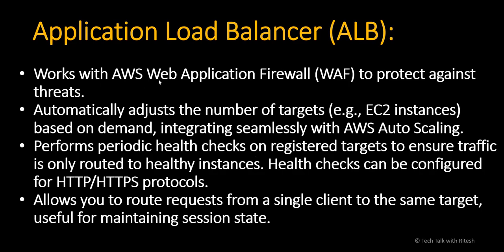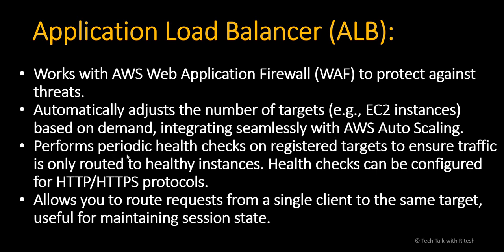Application load balancer works with AWS Web Application Firewall, which is WAF. It is called WAF, and it is for protection against threat. We will see in another video what is WAF, how can we configure it. Automatically adjust the number of targets, for example EC2 instances, based on demand. Integrating seamlessly with auto scaling. AWS auto scaling is used for increasing or decreasing the EC2 instances.